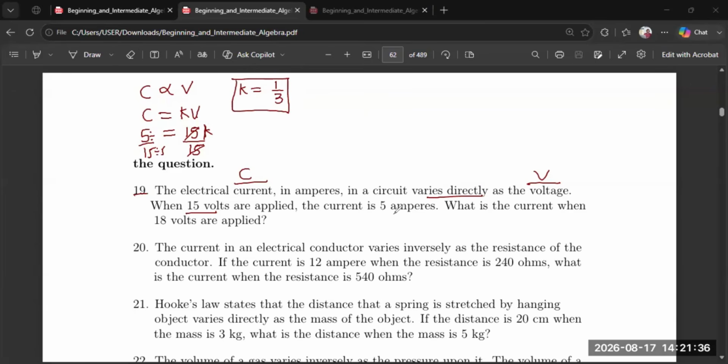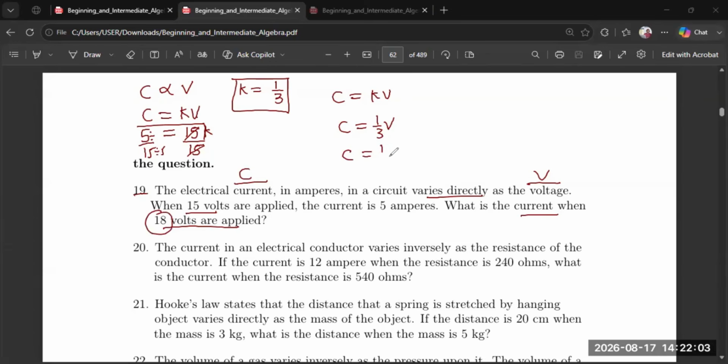Now, take note, the question still continues. It's asking us to find the current when the voltage is 18 volts. So remember, we still have this equation, C is equal to KV. But now we know the value of K, which is 1/3, so C is 1/3 of V. We want to find C when V is 18.